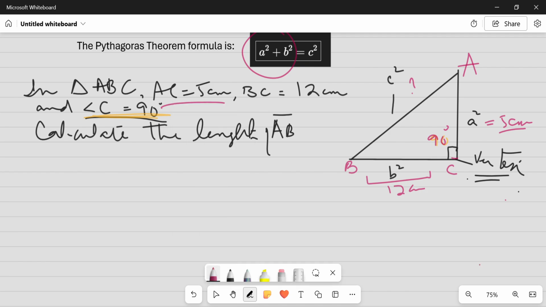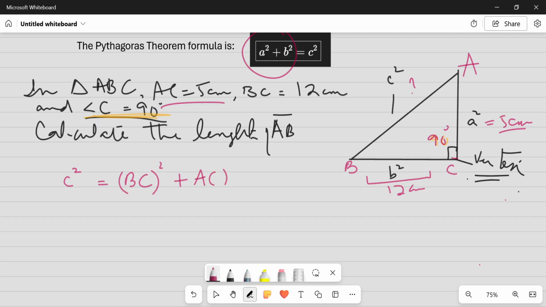I'm writing c square, which is the hypotenuse, and the base is BC, the whole square, plus the perpendicular, which is AC, the whole square.